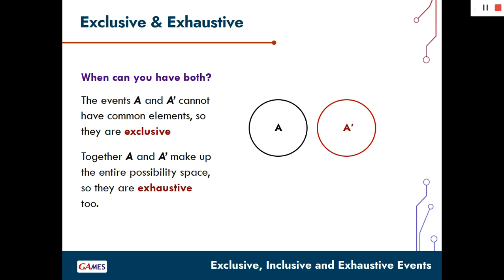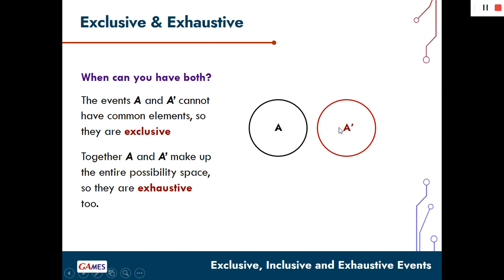Now you already know that A and A prime cannot coincide, because A prime is everything outside A, so you can't have an intersection here. They can't have common elements. Let's say you have this set of A and A prime, which means A and everything outside A. Obviously the two sets are exhaustive because they make up the entire possibility space, which means everything in that sample space exists within these two elements.